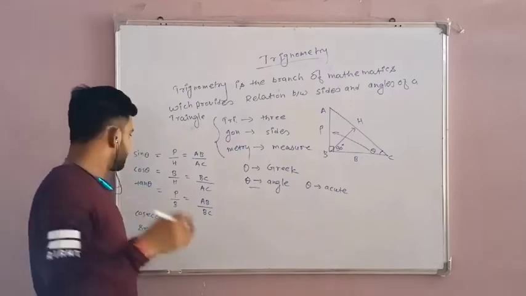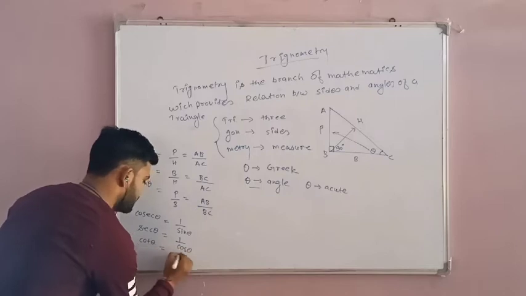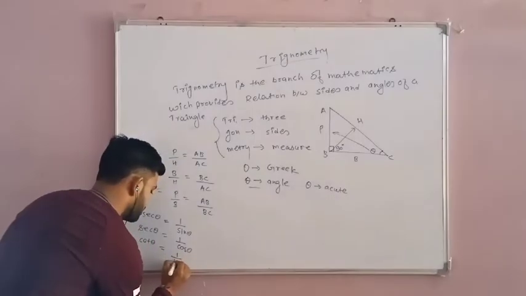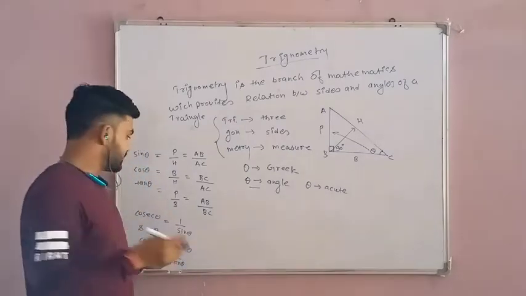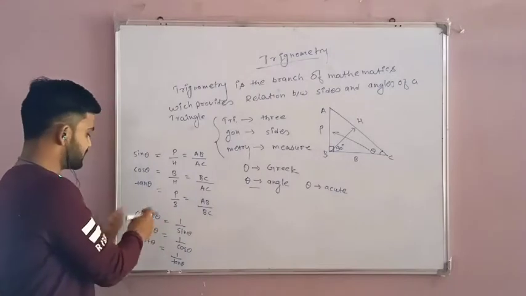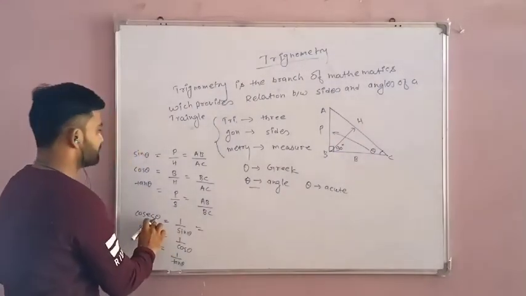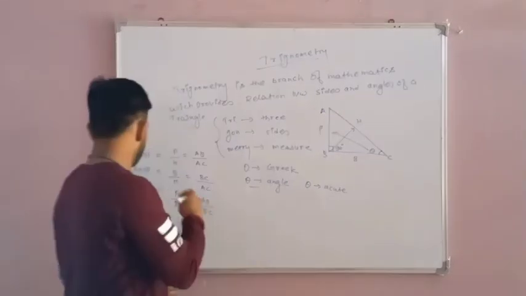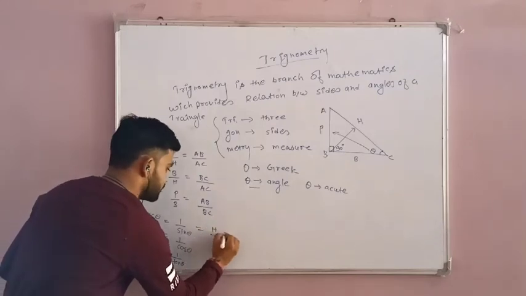Sec theta is the reciprocal of cos theta, 1 upon cos theta. And cot theta is the reciprocal of tan theta, 1 upon tan theta. So what is the value of cosec theta? Sin theta is perpendicular upon hypotenuse, so similarly cosec theta is hypotenuse upon perpendicular.